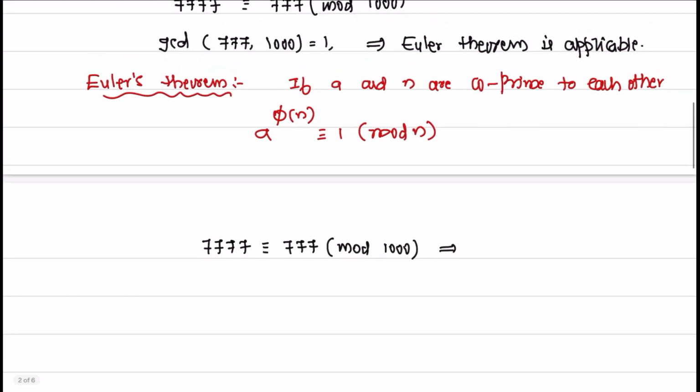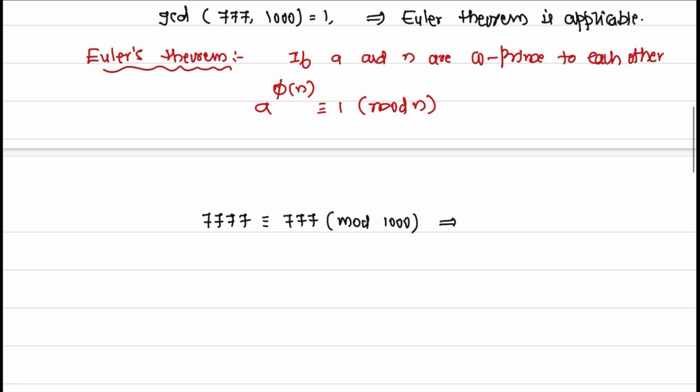For example, in this question, 7777 is equivalent to 777 mod 1000. That implies, from Euler's theorem, I am giving an example.